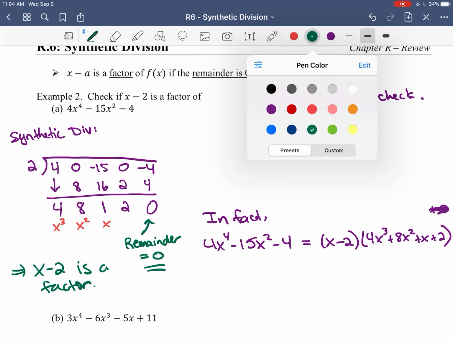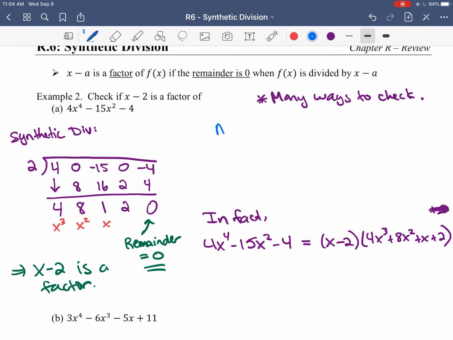Now, another way you could check if x minus 2 is a factor is to plug in 2. If I plug in 2 into the polynomial, this is 4 times 16, minus 15 times 4, minus 4.